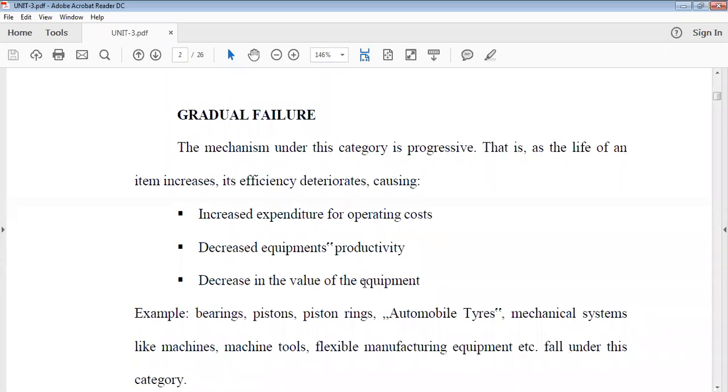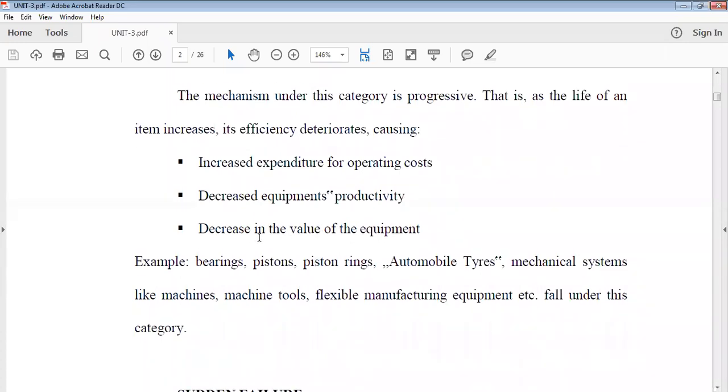Automatically, if you continue to work on the equipment, after some time its value is going to be reduced. Examples are bearings, pistons, piston rings, automobile tires, and mechanical systems like machines, machine tools, flexible manufacturing equipment, etc.